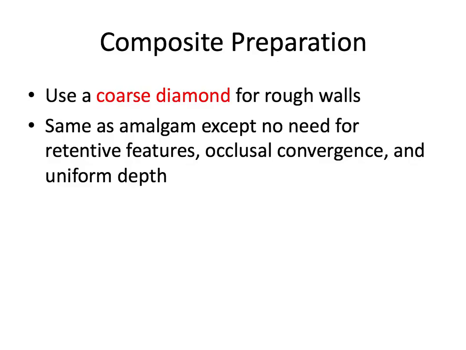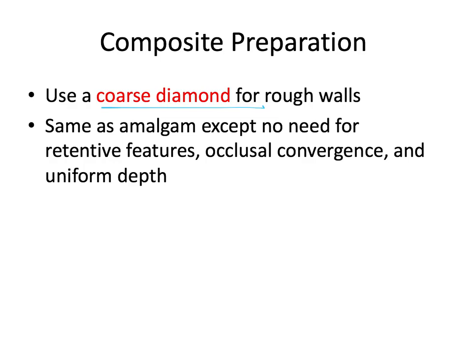For the composite preparation, the board exam likes to prefer us to use coarse diamonds in order to have rough walls. So remember I said before we want smooth walls for amalgam. For composite, the rough walls offer more surface area, which gives us better retention when we're bonding. So that's why coarse diamonds can be preferred.